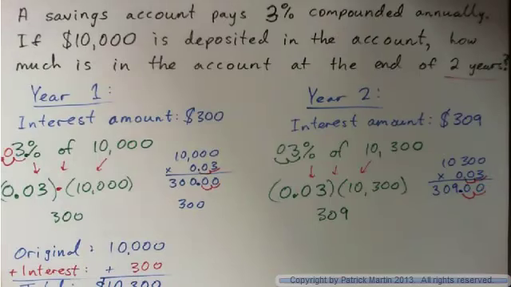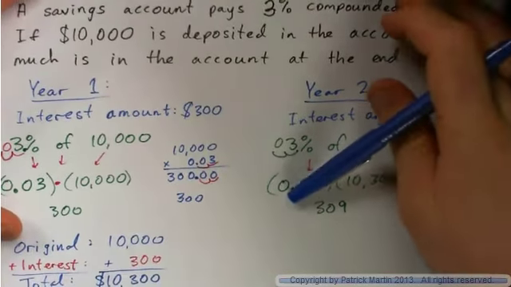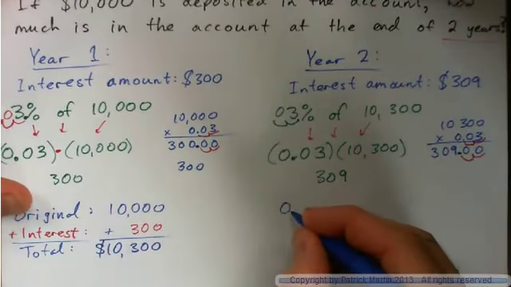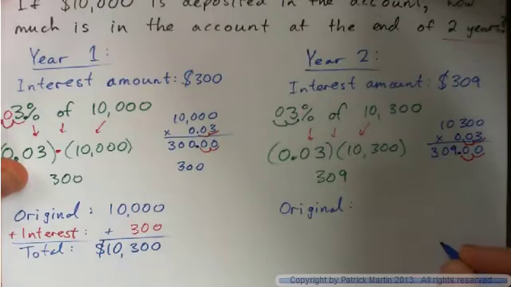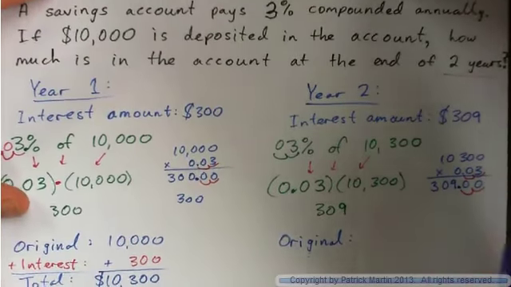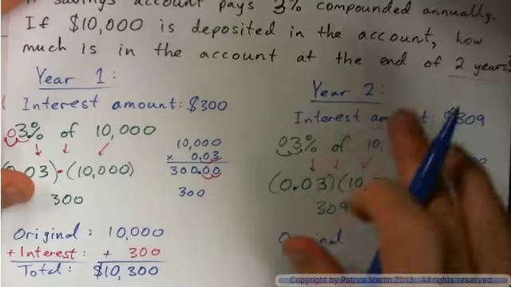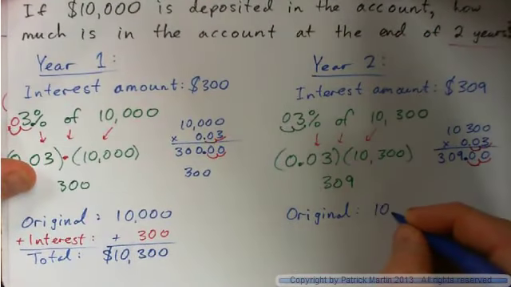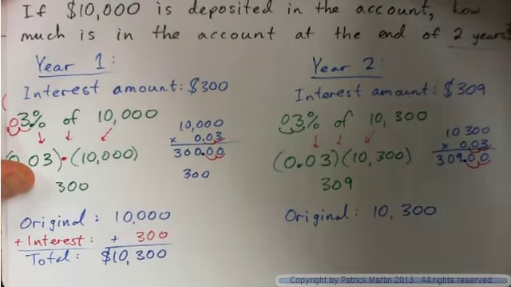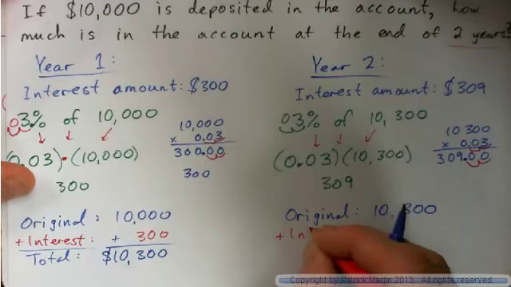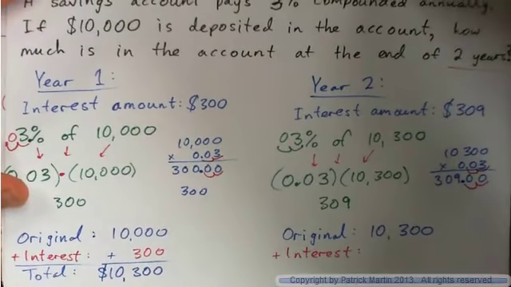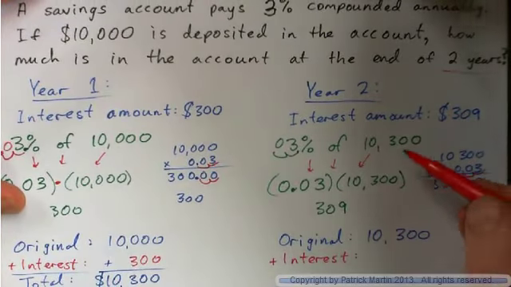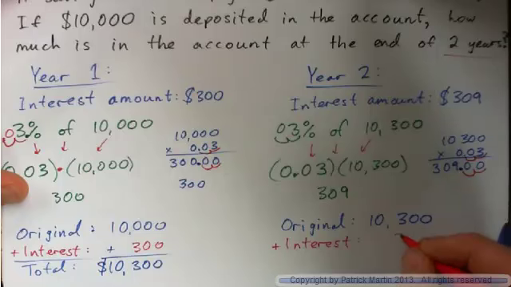So what will be in the account now at the end of year 2? Well, what's the original amount at the beginning of year 2? At the beginning of year 2, we start with what was at the end of year 1, which is 10,300, right? Then we add on the interest. What was the interest earned in year 2? We got 3% of $10,300, $309, right?